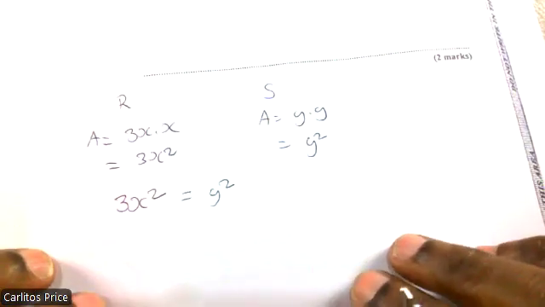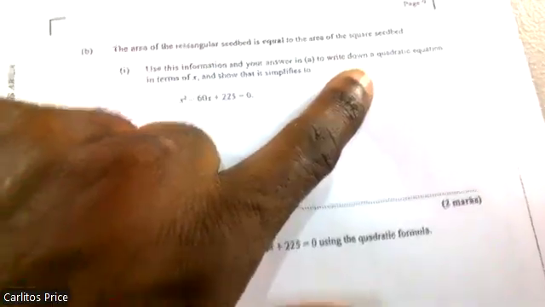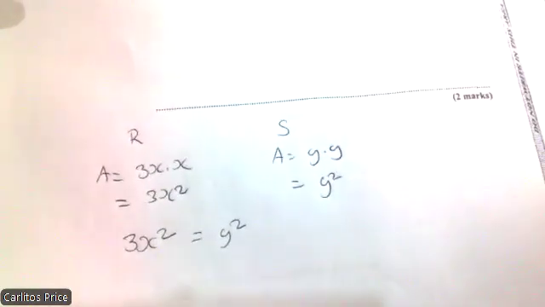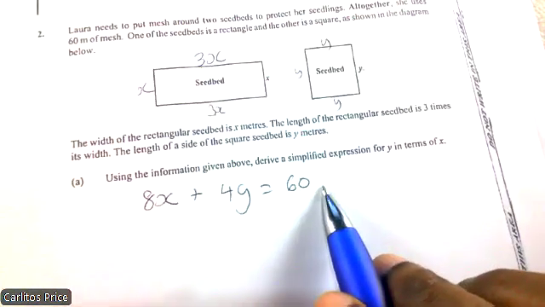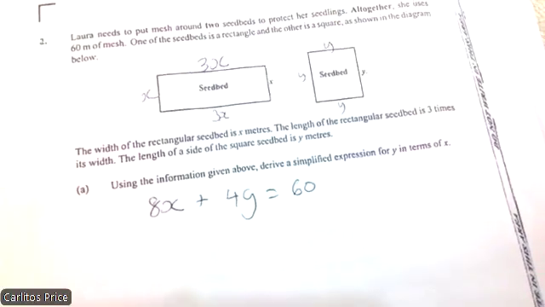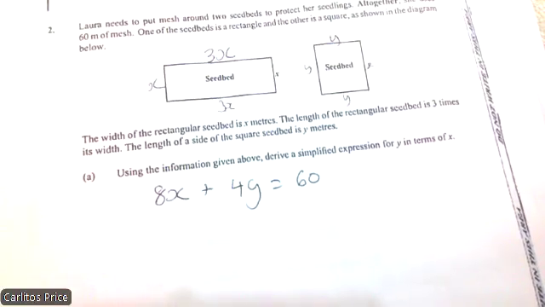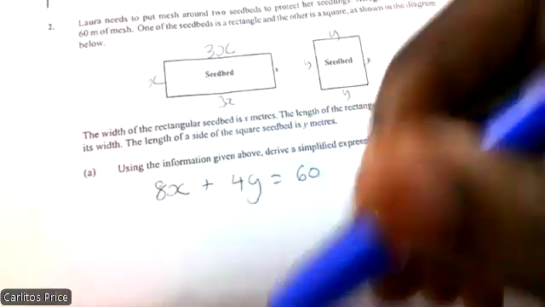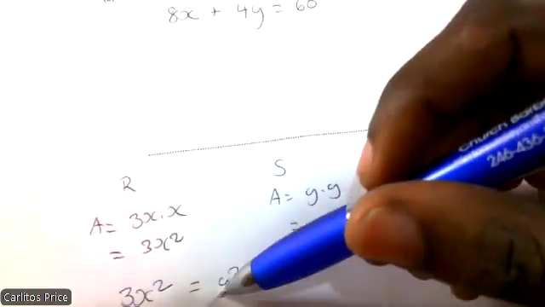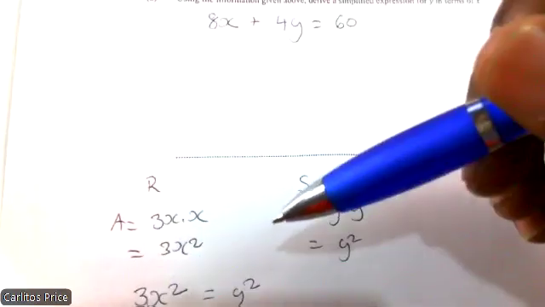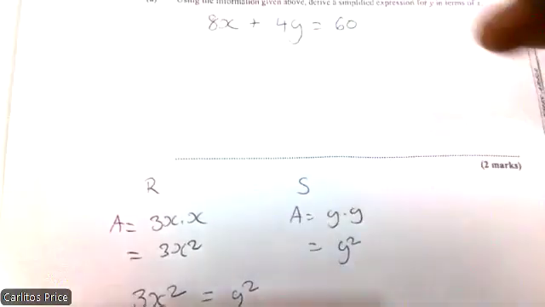No, remember it told us to use the answer in A to help us write down a quadratic equation. So if we look at our equation, 8x plus 4y equal to 60, we could substitute y into this equation, and we would have an equation where we just have x's.